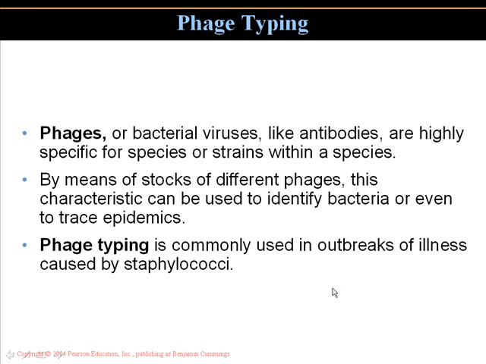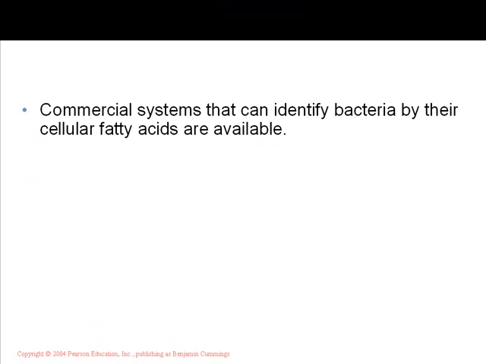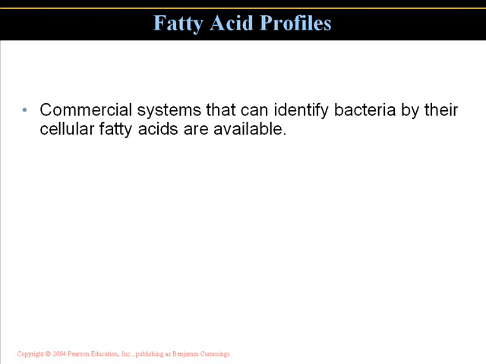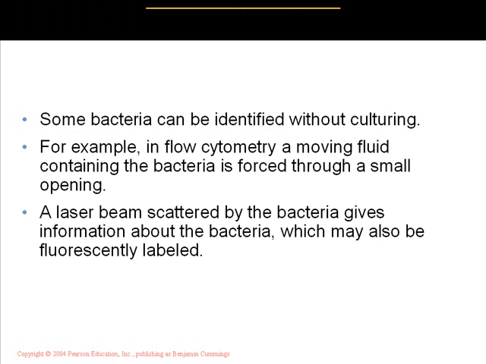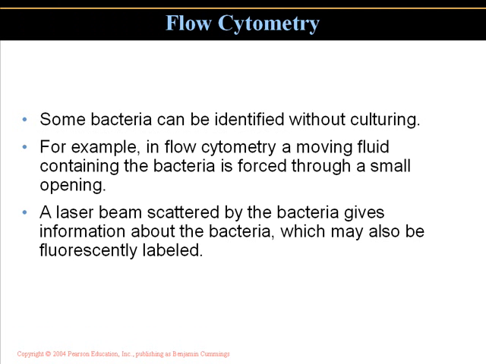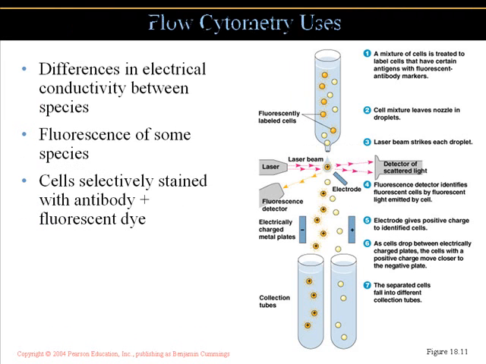Now, phages are basically bacterial viruses, as we talked about in the previous slide, and again, phage typing is commonly used to help track particular microorganisms. There are commercial systems that also help identify organisms based on the fat content. Again, looking at the chemical constituents, flow cytometry, we already went over in the previous portion of the lecture.